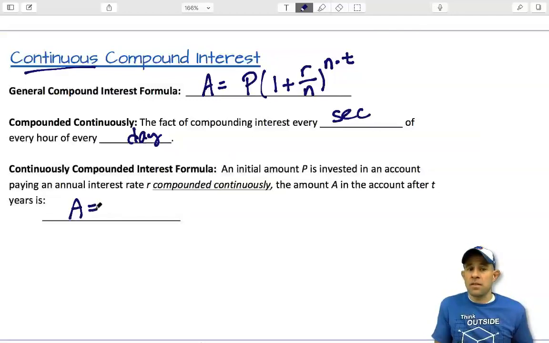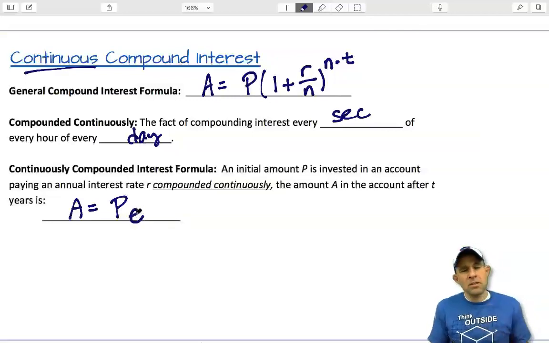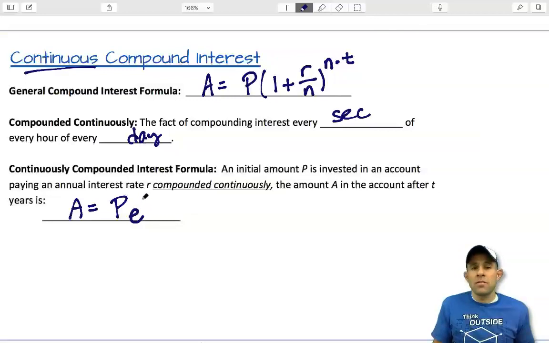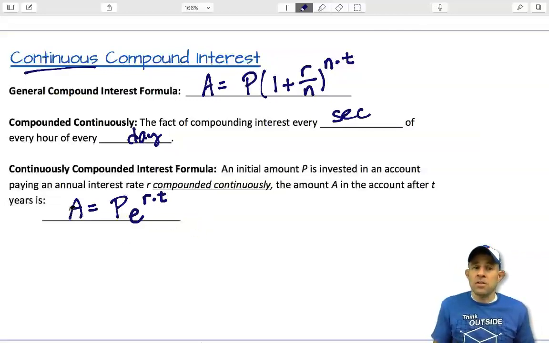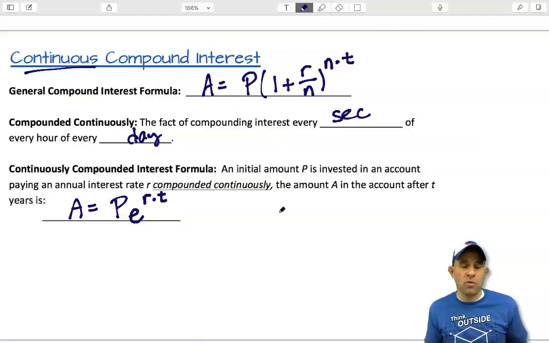A, the amount you have, is equal to P, the principal that you start off with, times E, this number E, which we'll get to in just a minute, all raised to the interest rate as a decimal times t, the number of years that money is left in the account. This is known as the PERT formula because it spells out PERT really nice. Not like the shampoo, but PERT like the continuous compound interest formula.